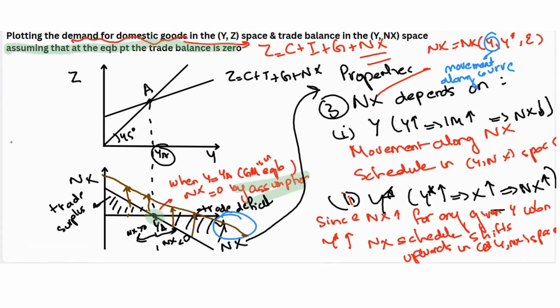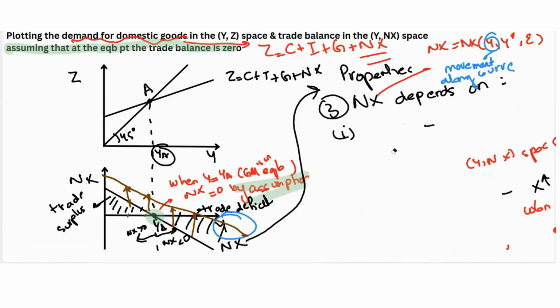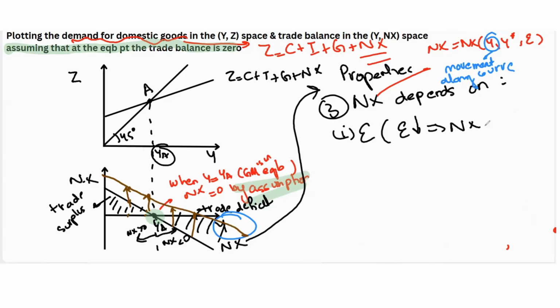And let's look at the last thing it depends on. Y star is going to cause shifts, and changes in the real exchange rate are also going to cause shifts. So the last thing I want to look at is the real exchange rate epsilon, where when the real exchange rate decreases, net exports are going to increase, assuming the Marshall-Lerner condition holds.